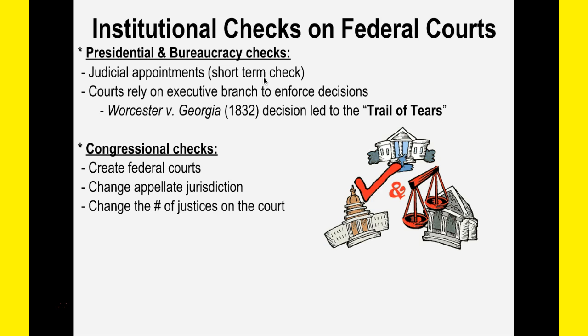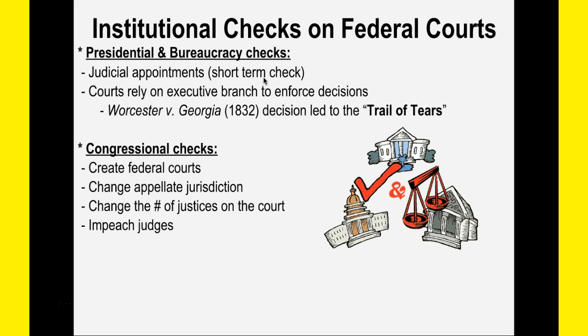And when FDR was president, he really pushed Congress to up the number over 9 because he wasn't happy with how the Supreme Court was striking down, judicially actively striking down a lot of the New Deal legislation that he was signing. Congress can always impeach judges. It's rare.